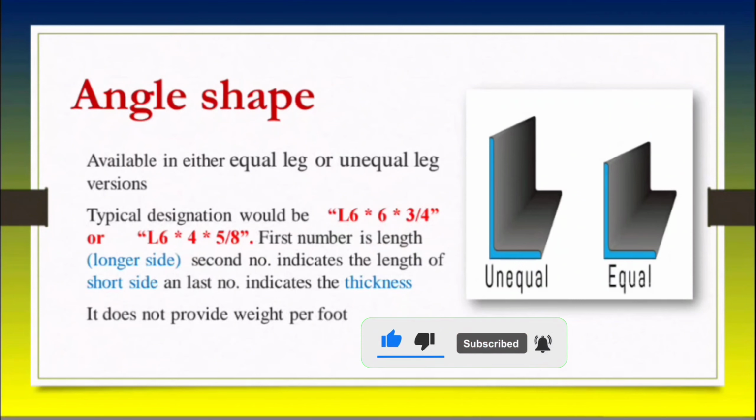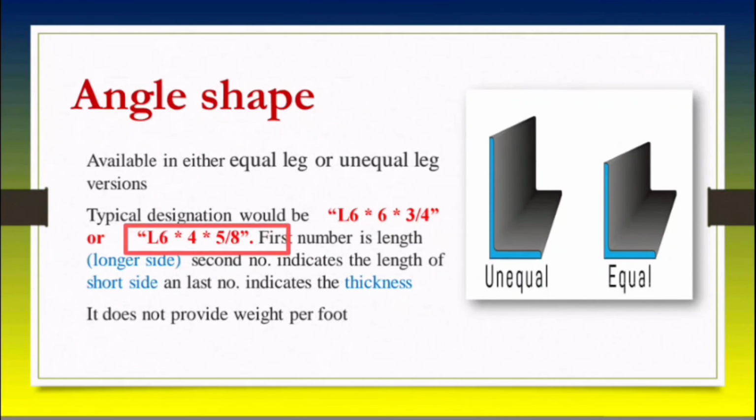And for unequal, L represents the angle section, 6 represents the longer side, 4 represents the shorter side, and 5/8 represents the thickness of the angle shape. So the first number is always the longer side, the second is the shorter side, and the third number represents the thickness of the angle shape.